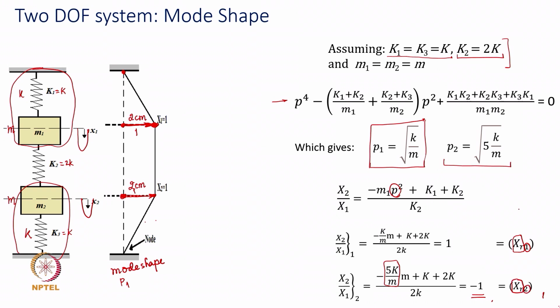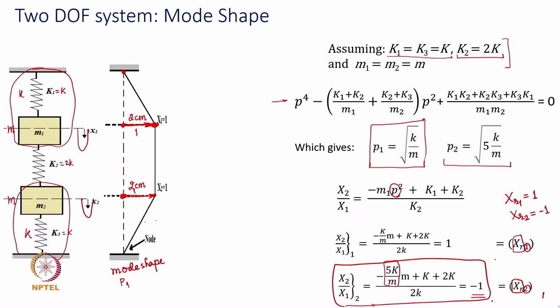So, in the first mode shape I am basically having XR1 equal to 1, and that is positive, whereas XR2, which is the amplitude ratio in the second mode or in the second natural frequency, is equal to -1. That is what we have obtained here, the ratio of the two amplitudes as -1. Now, how do I represent -1 and what does it actually mean to me?